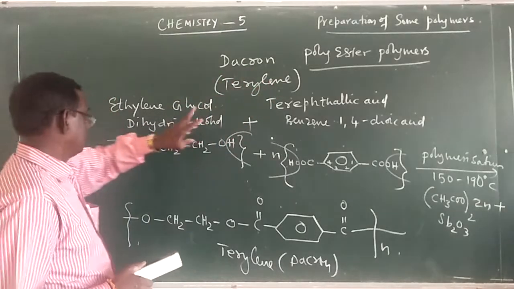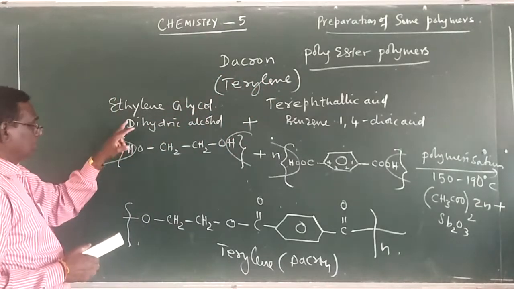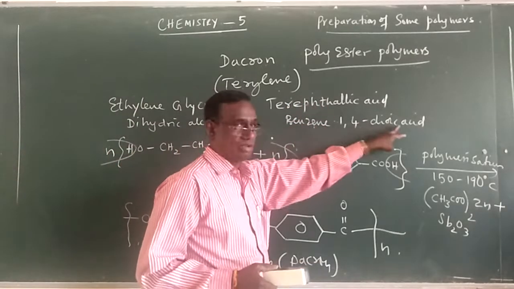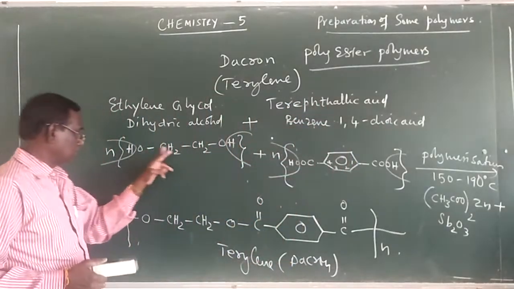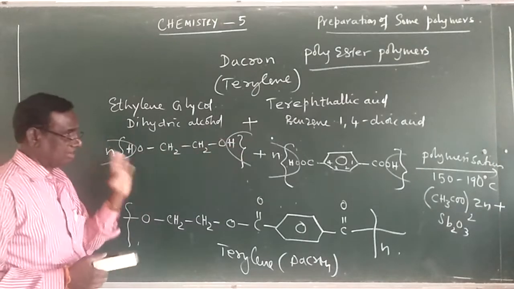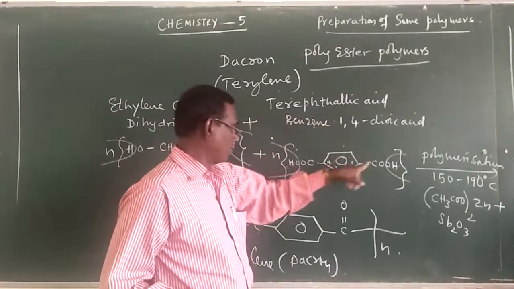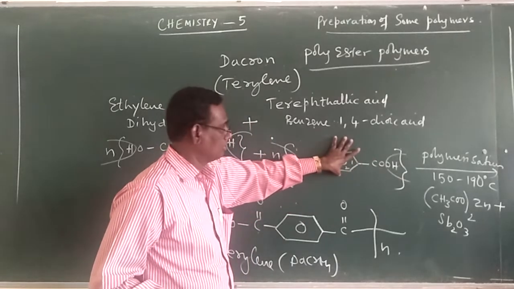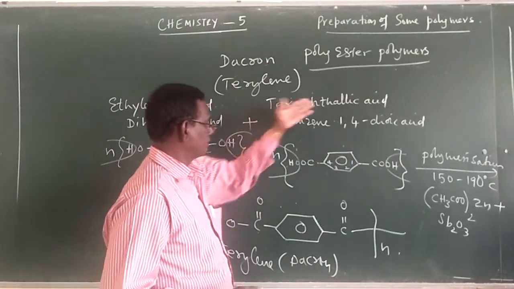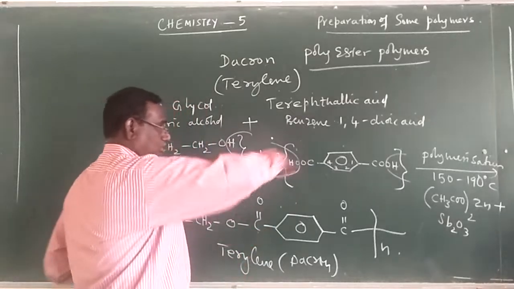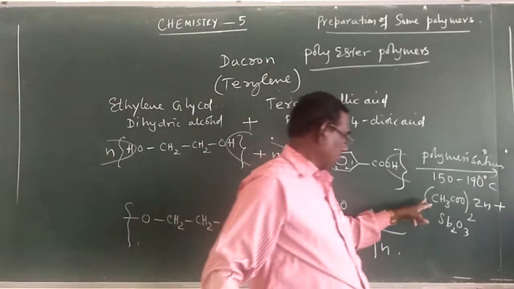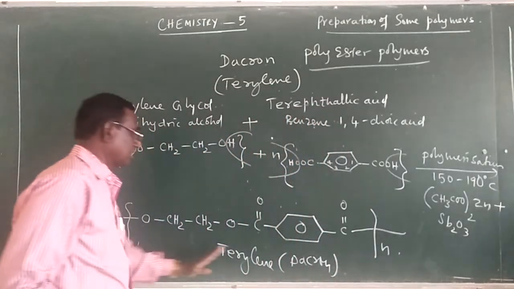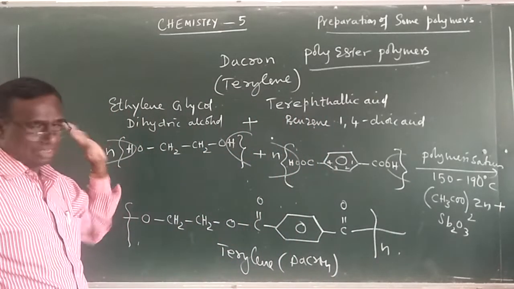It is manufactured by heating the two monomers, a dihydric alcohol like ethylene glycol, CH2OH, single bond CH2OH, and terephthalic acid, benzene 1,4-dioic acid. After polymerization with zinc acetate and antimony trioxide as catalyst, you will get terylene, or Dacron.